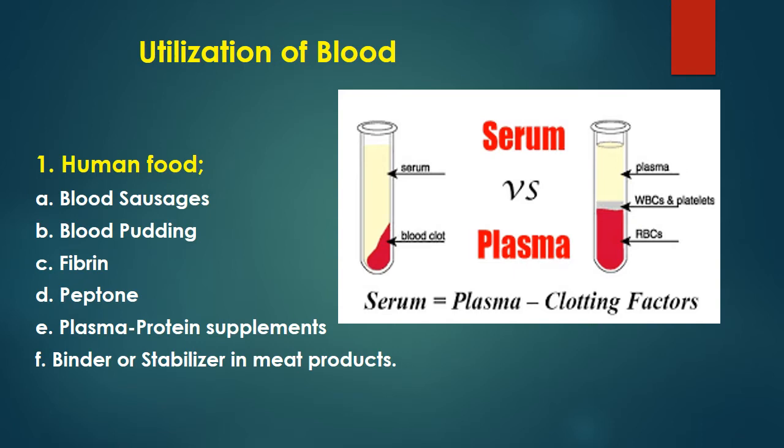Then fibrin is a protein obtained by agitation and preventing the coagulation of blood, or the protein part can be used as peptone in different kinds of food supplements. Then we can make plasma protein supplements, as I mentioned earlier, which is a different process. And it can also be used as a binder or stabilizer in meat products, that is, the blood proteins. I am going to have a separate detailed lecture only on this food use of slaughterhouse blood.